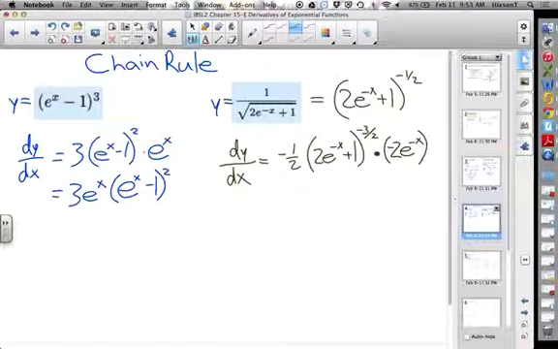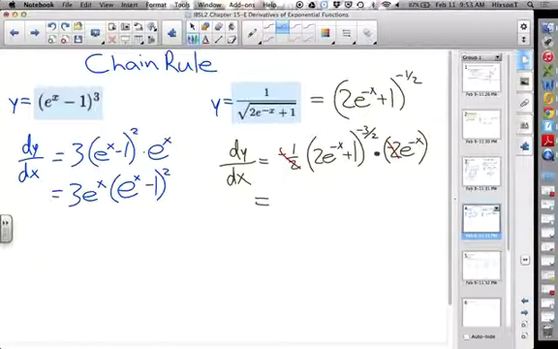Okay? So now simplifying, and this is partly why we simplify, because this actually simplifies a bit. First of all, the negative 2 and negative 1/2 cancel out.